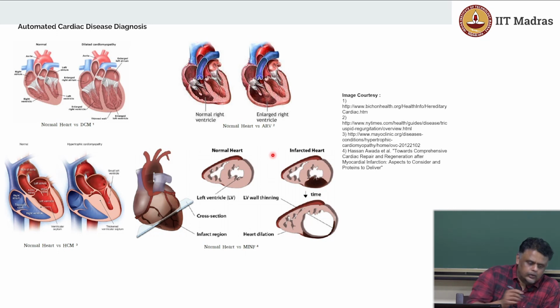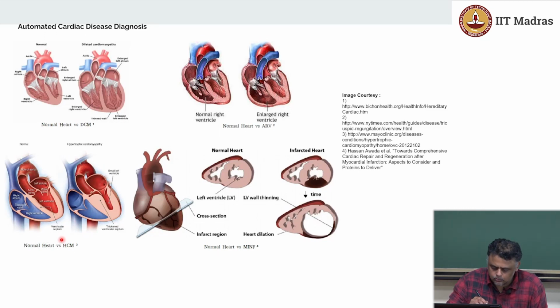For instance, if you look at this particular case, you have a small left ventricle. The left ventricle, like I said, is where the blood is pumped out from into the body. With our analysis, you can find out the volume, and based on that you can judge. So these are a few of the diseases that can be diagnosed.